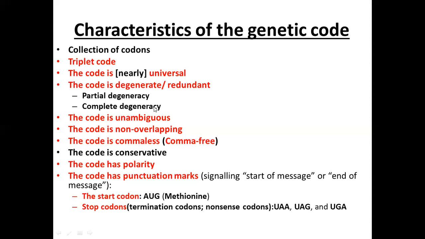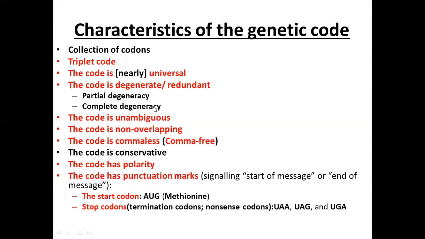So the start codon is AUG, which also codes for methionine. And then we have the stop codons, which are also called the termination codons or the nonsense codons, which are UAA, UAG, and UGA.